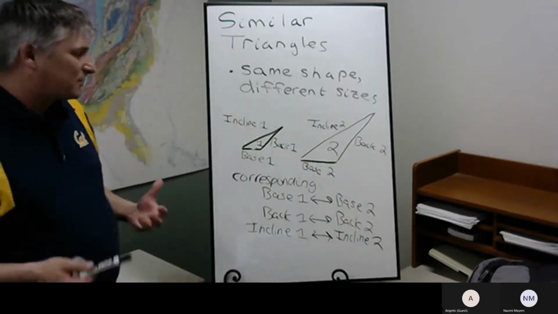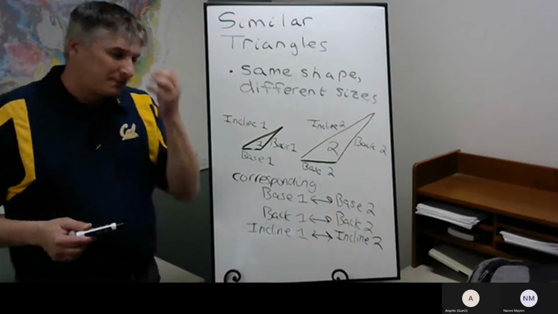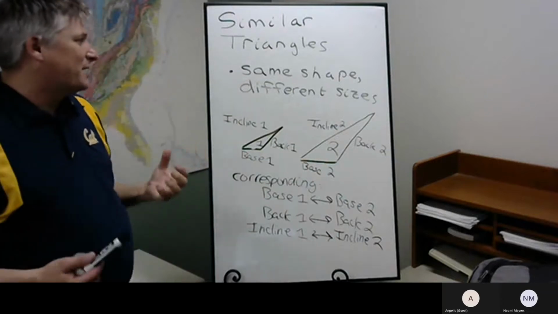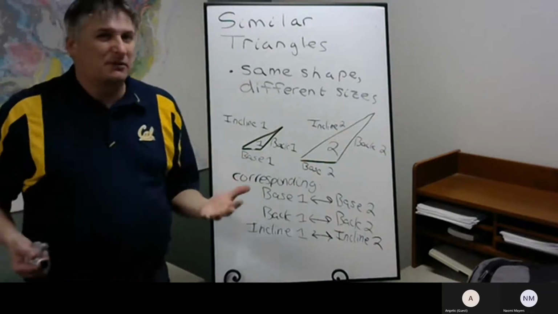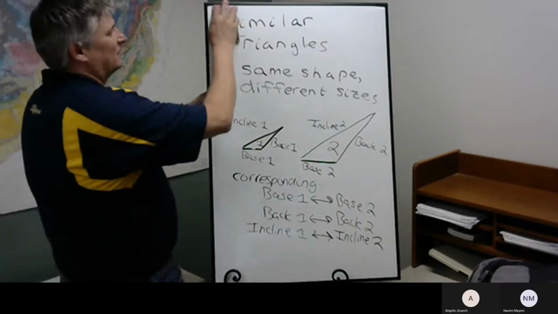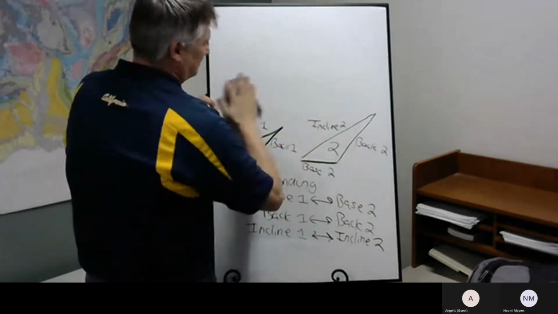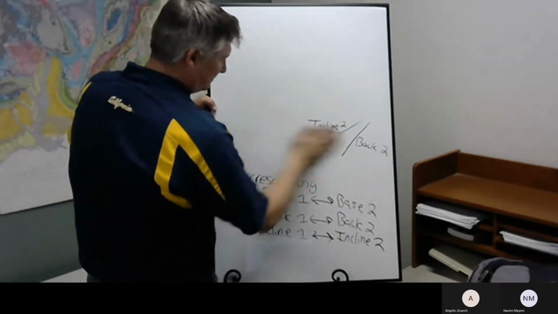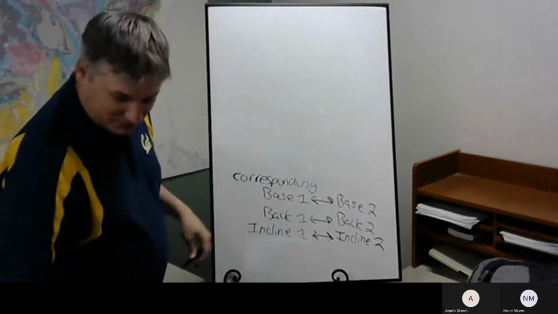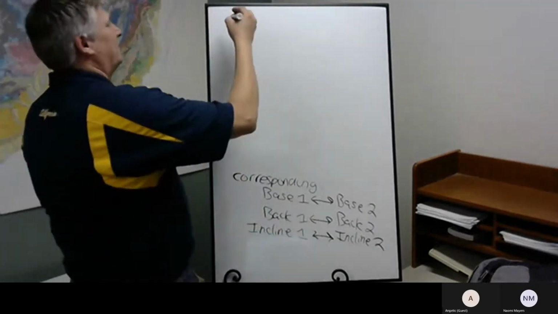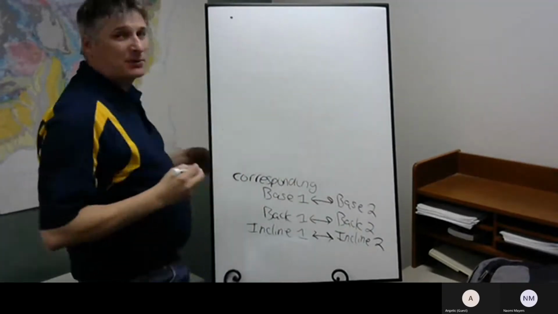Now, there's some special properties with similar triangles. And again, this is only the case when they're the same shape, but merely different sizes. And so here's a special property.